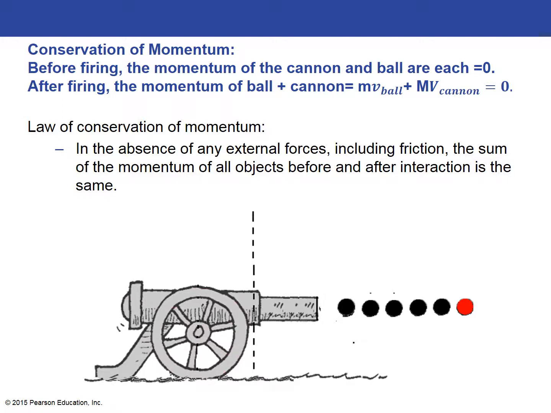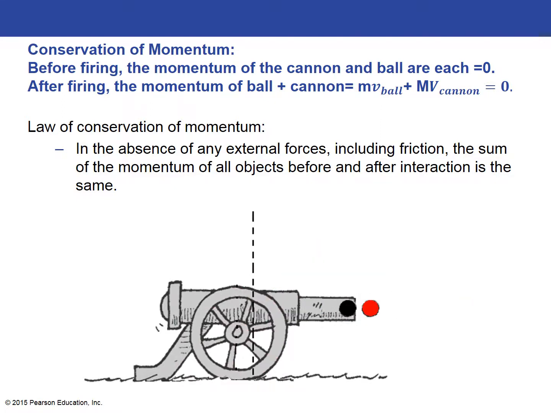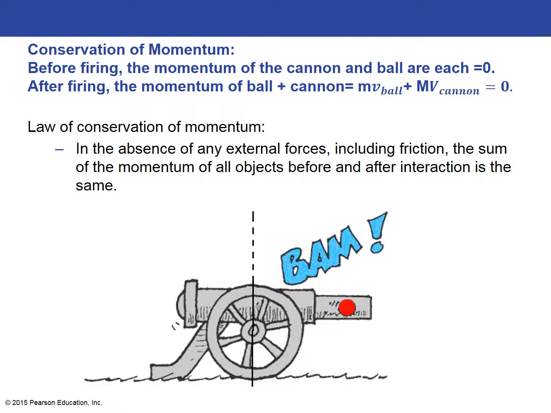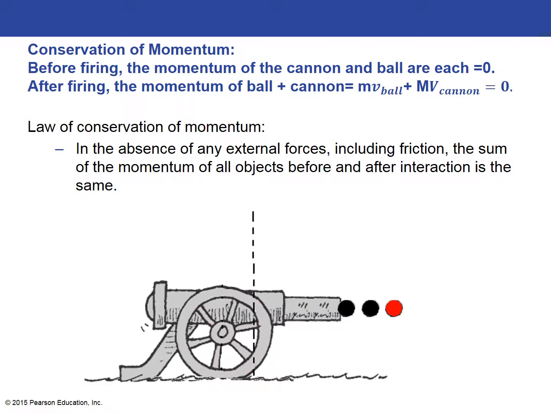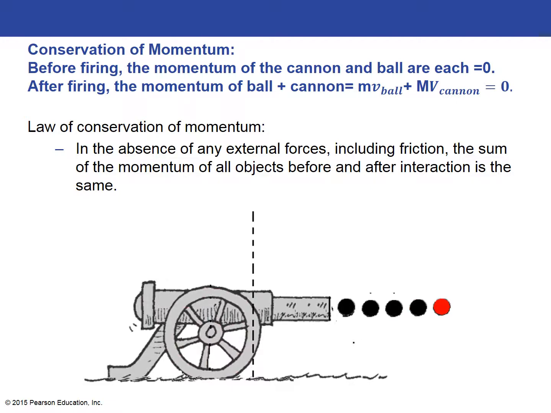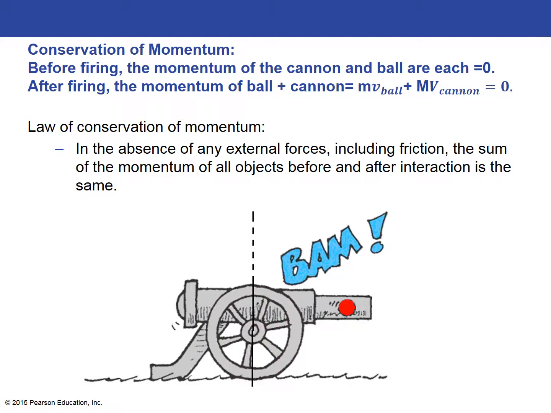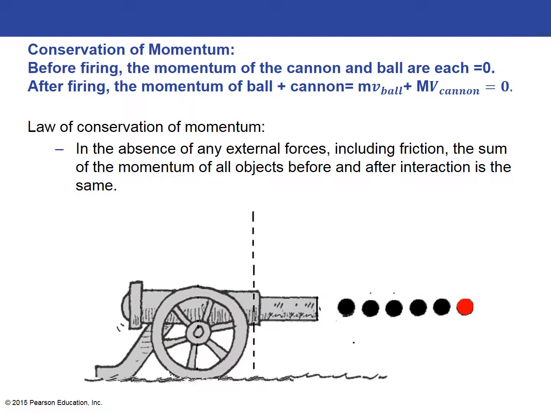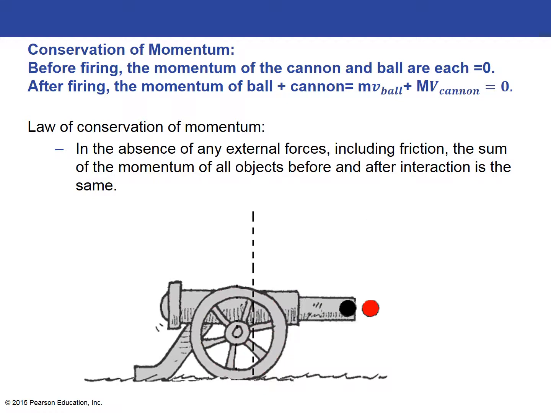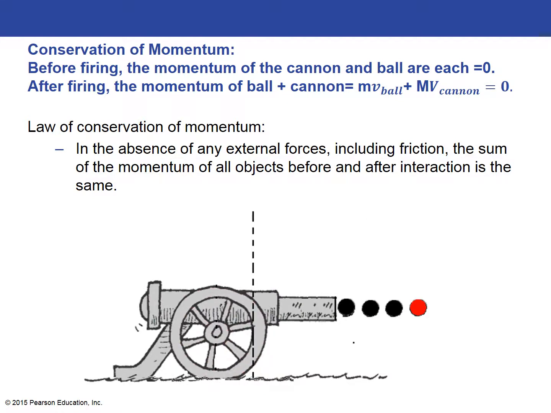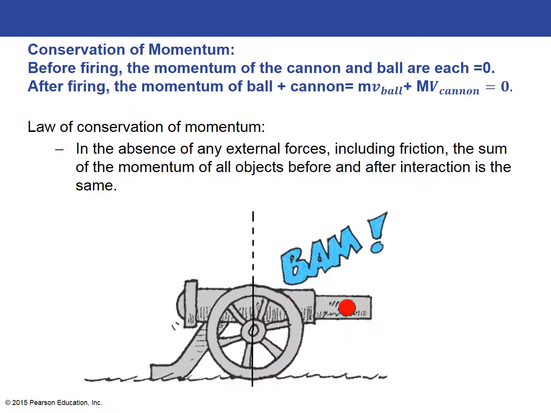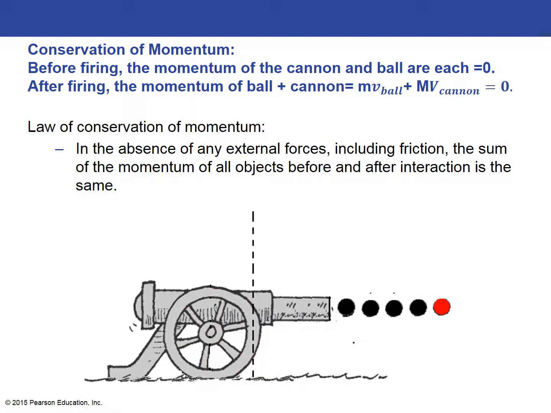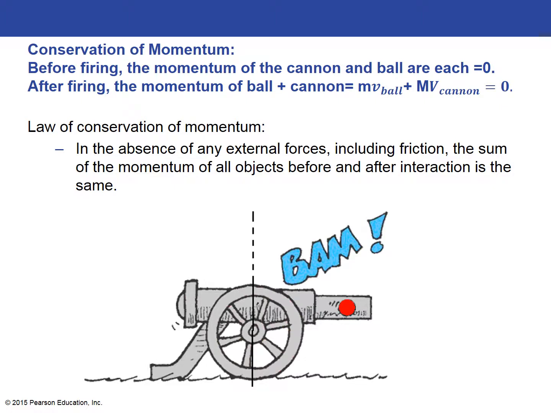Basically, what the principle says is that in the interaction between any group of particles, usually we consider one or two particles to be an event that corresponds to a collision or an interaction, the sum of the momentum of all the particles before the interaction is equal to the sum of the momentum of all the particles or objects after the interaction has occurred.